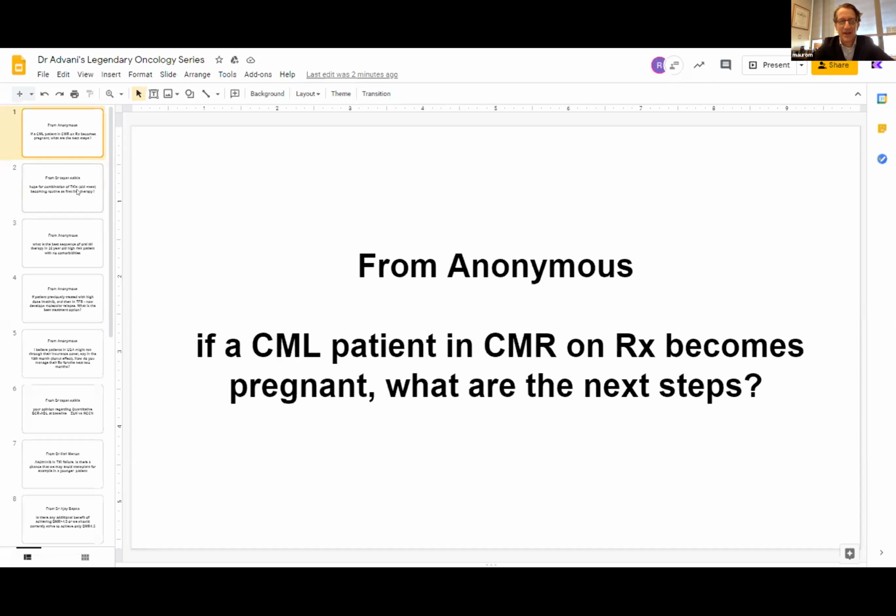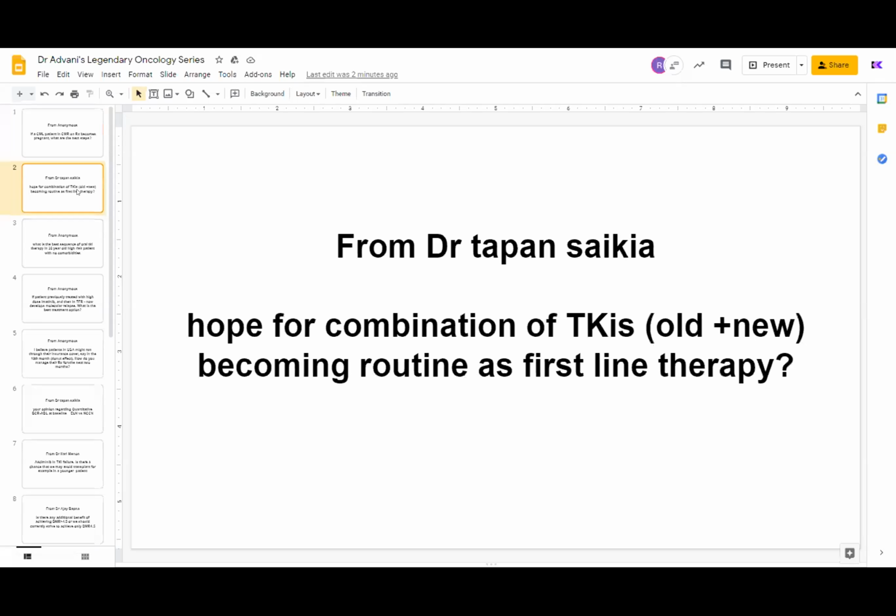So the first one is about any hope for first-line combination therapy of TKIs in the near future? Yes, I think we're seeing development. You may be asking about asciminib, could we have a frontline combination? That is being looked at as monotherapy. Asciminib is already being proposed in the frontline setting, and as you see, it's already being used as an early optimization.